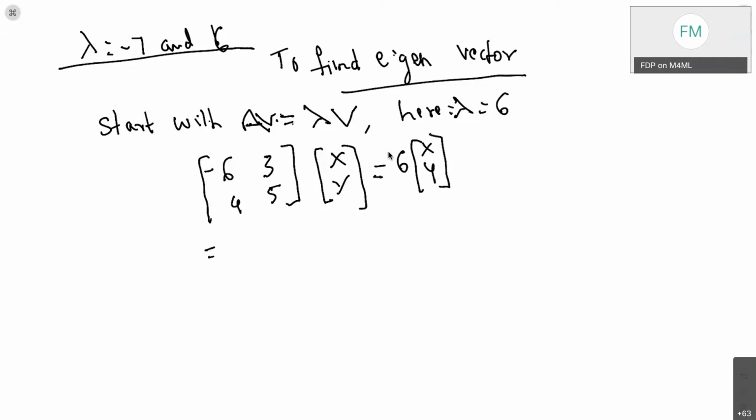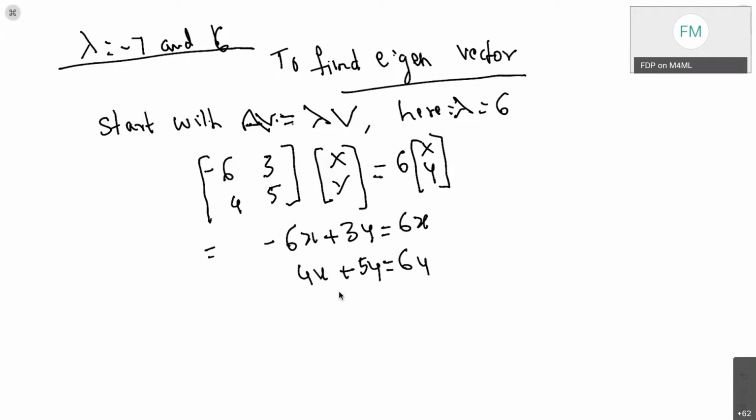So the matrix times (x, y) equals 6 times (x, y). That leads us to -6x plus 3y equal to 6x, then 4x plus 5y equal to 6y.